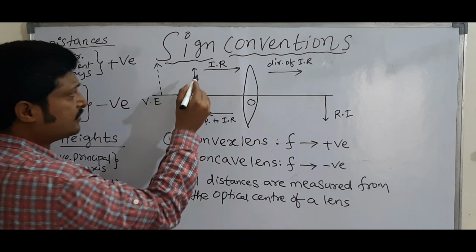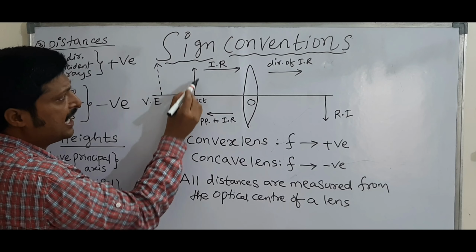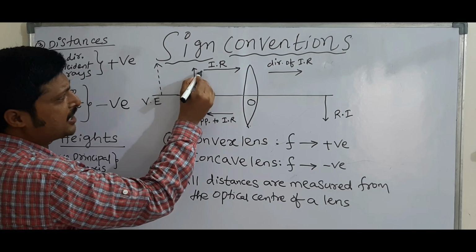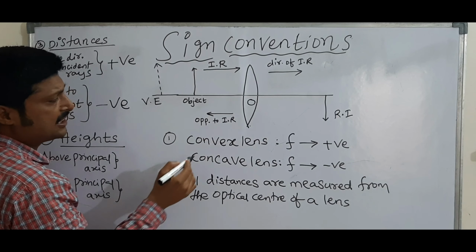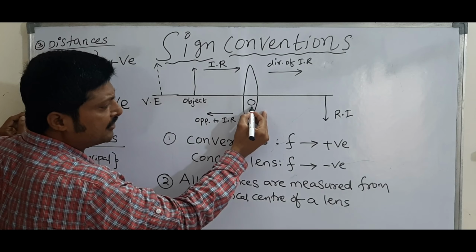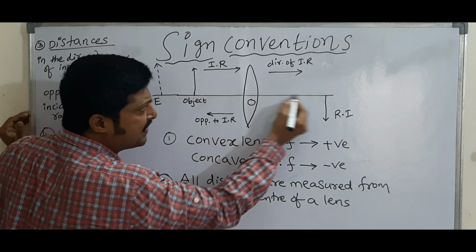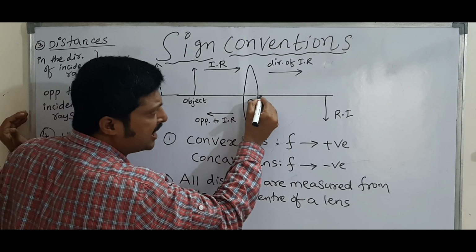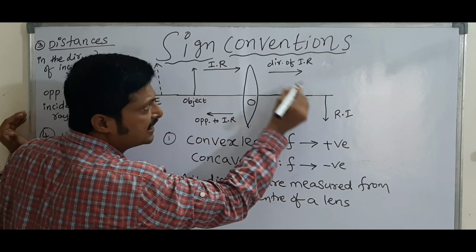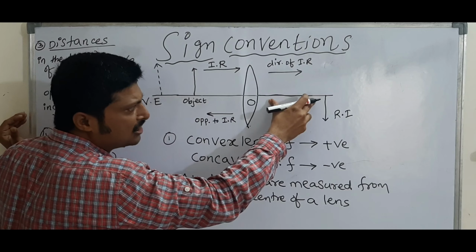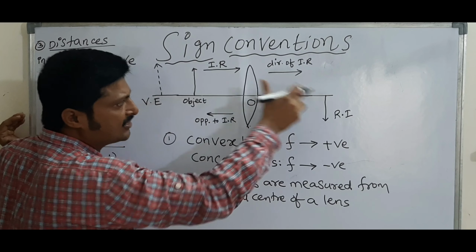See here, this is the object, and from the object, this is the direction of incident rays. So all distances are measured from optical center. If you measure the distances in the direction of incident rays, that means like this, they are taken as positive.